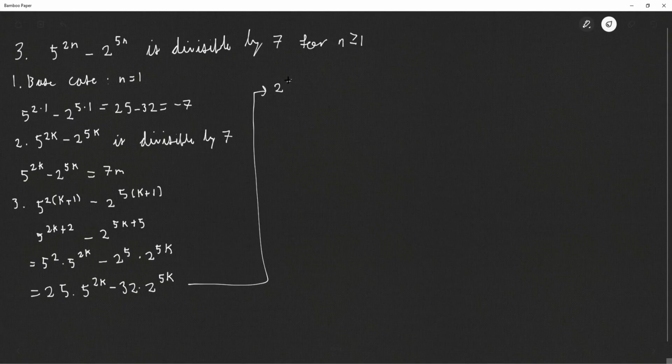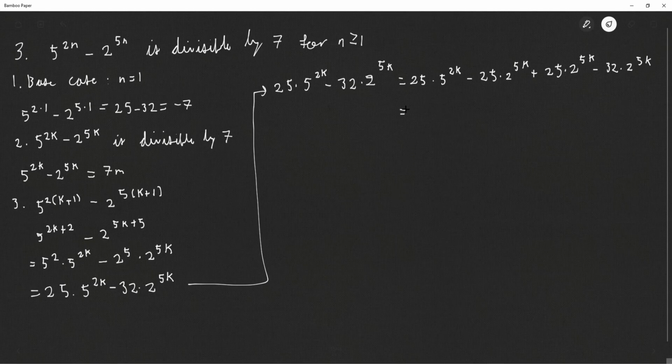And we'll get 25 times 5 to the 2k minus 32 times 2 to the 5k is equal to 25 multiplied by 5 to the 2k minus 25 times 2 to the 5k plus 25 times 2 to the 5k minus 32 times 2 to the 5k.